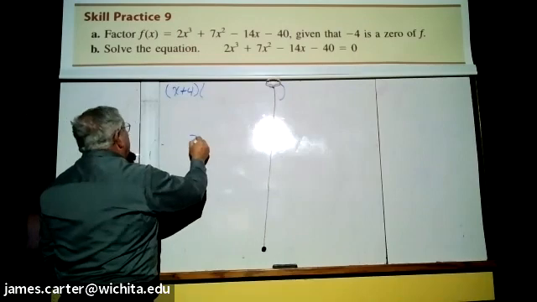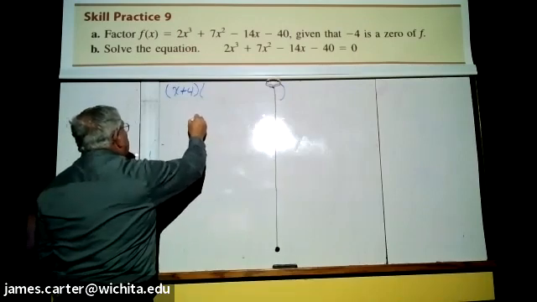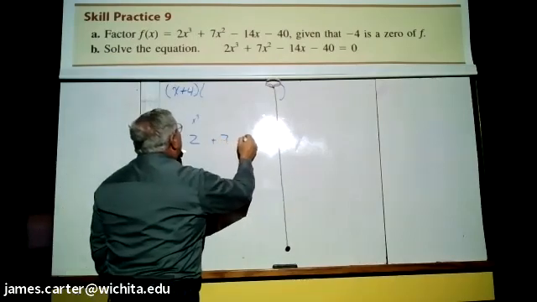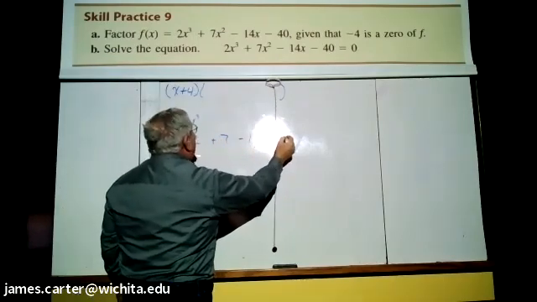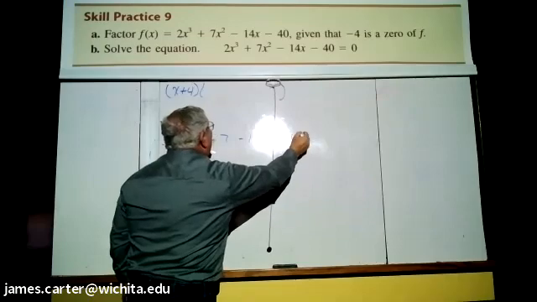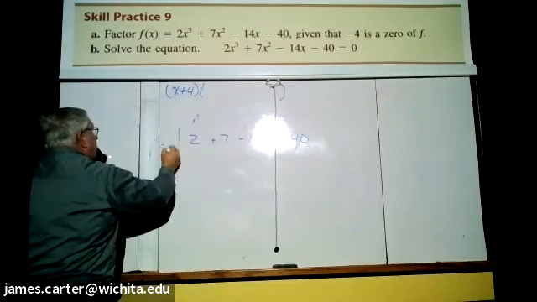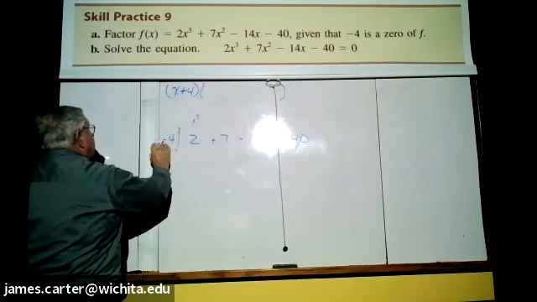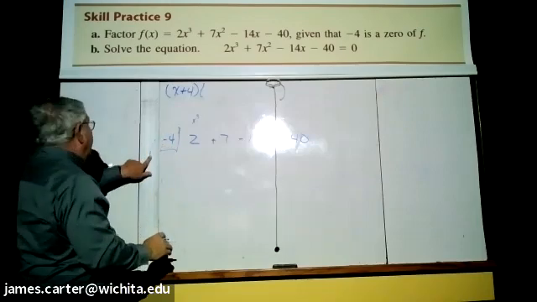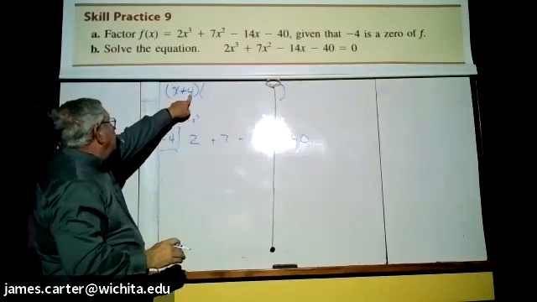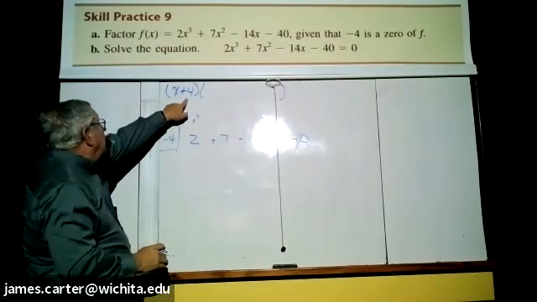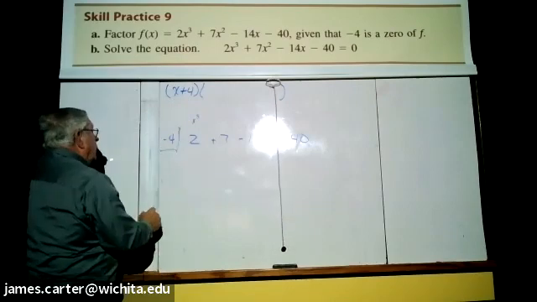So let's put our 2, which this was an x cubed to start with, plus 7, minus 14, minus 40. And let's divide it by -4, because they say that -4 is the factor. So -4 is the 0, so plus 4 is the factor.